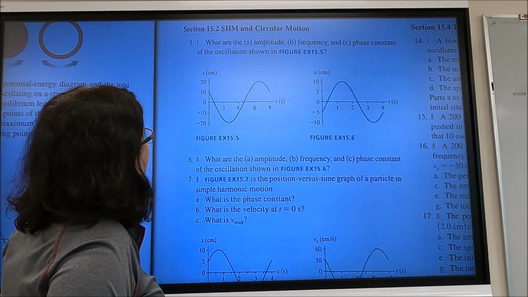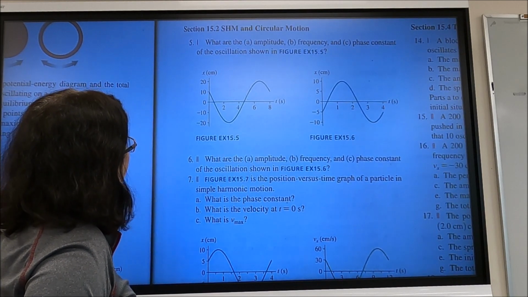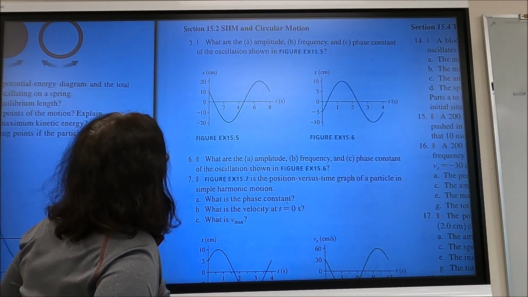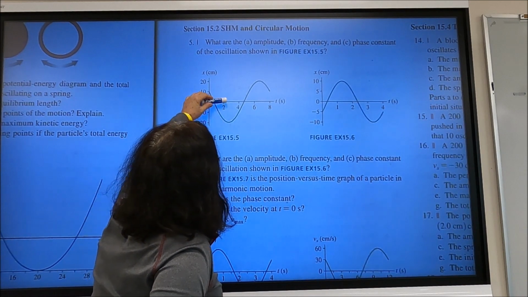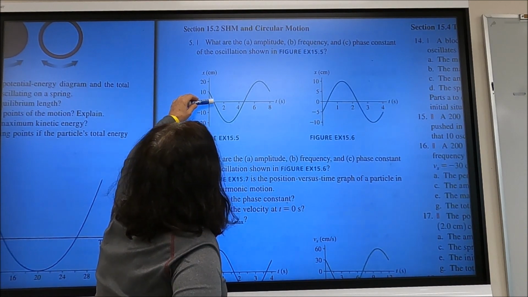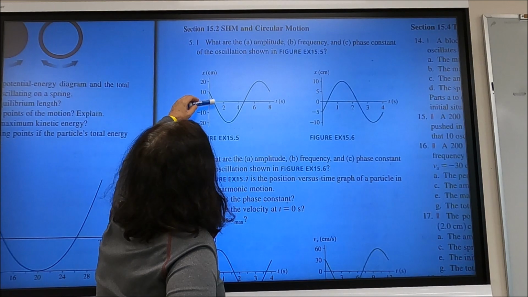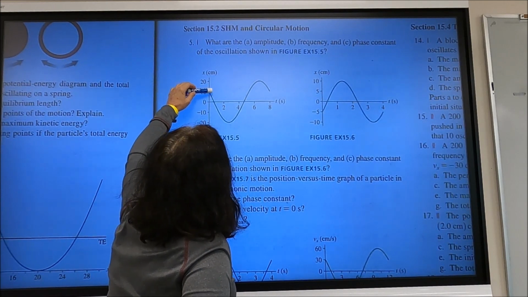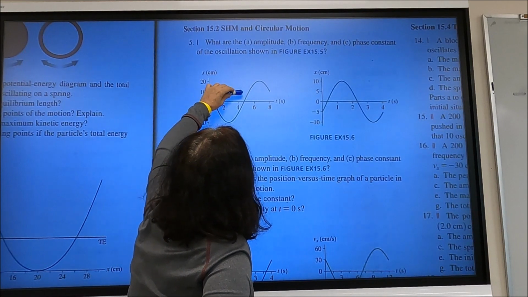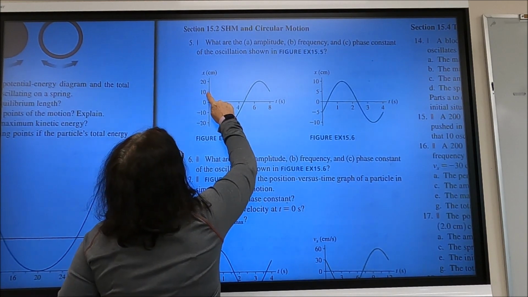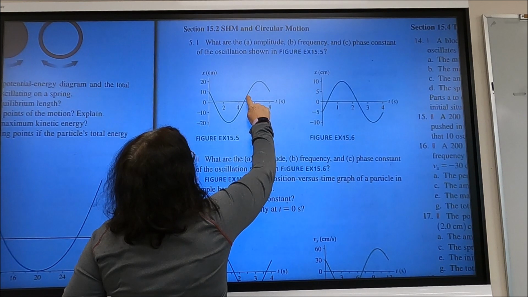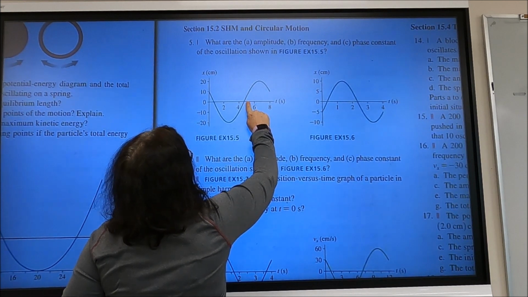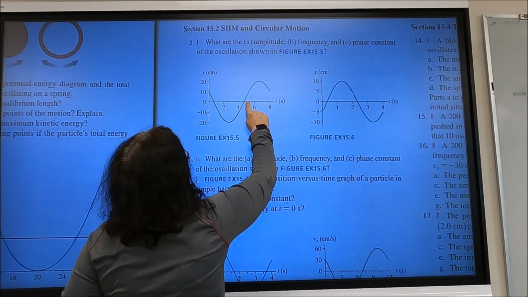To get the frequency, I'm going to need to first get the period. So if I look at this, if that's 0, if I come over here to there and down, that looks like 5 to a repeat.